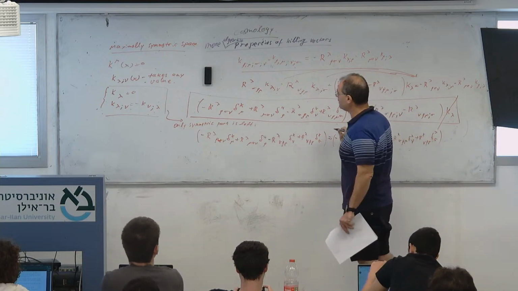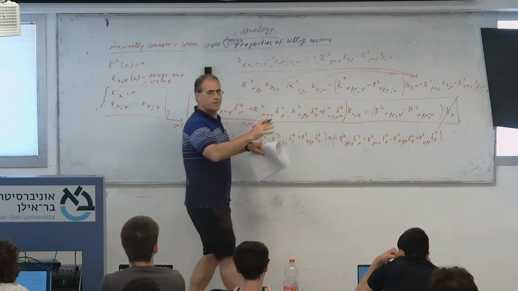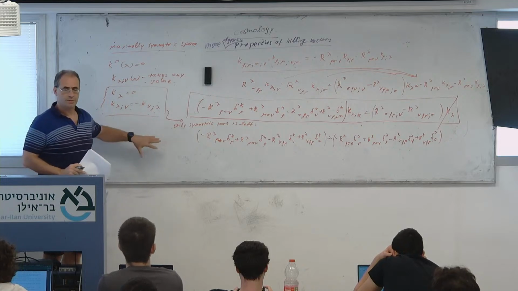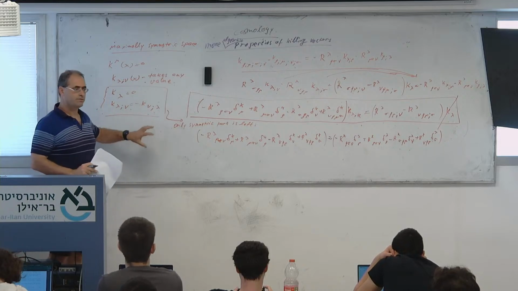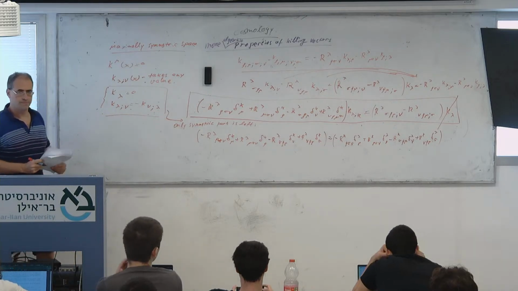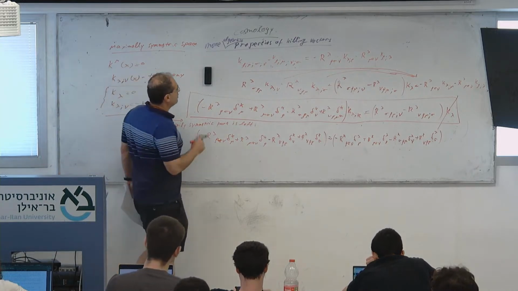So this is the anti-symmetric part. You can think of it in terms of matrices. All the anti-symmetric part needs to be equal to 0, so only the symmetric part is left. We write this matrix in terms of symmetric plus anti-symmetric. That's it.